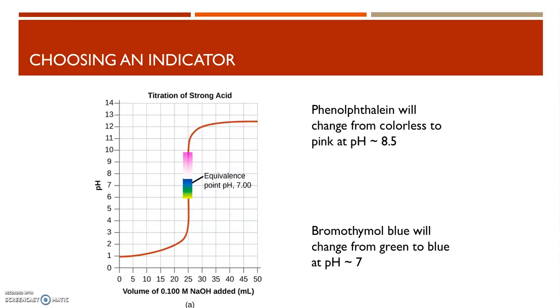Phenolphthalein, even though it starts to change color at a little higher pH, makes it very, very clear to see the difference between colorless and pink. We can detect very slight variations in that color as the pink starts to come in, even with just our eyes. And so we're going to use phenolphthalein and watch for that change from a colorless, clear liquid into a pink liquid.